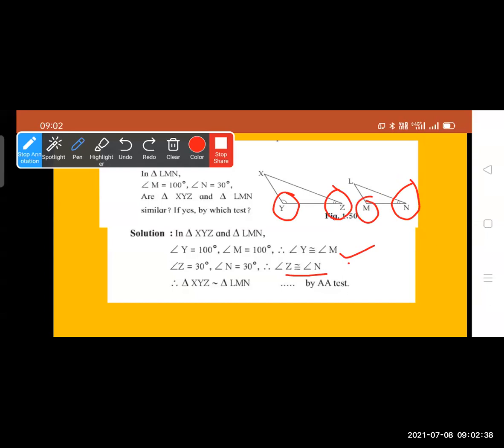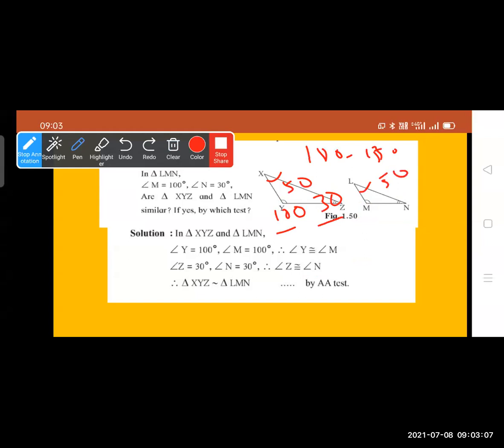Therefore, for similarity, we need only two conditions or three conditions? Automatically, we say that if this one is 100 and this one is 30, the sum of the angles of a triangle is always 180. So 100 plus 30 is 130, and 180 minus 130 is equal to 50. So angle X is 50. Same in the other triangle, angle L is equal to 50.